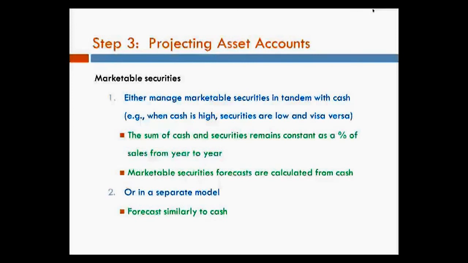Otherwise, you calculate it separately, just as you would have done in cash, saying that it's going to grow with sales, regardless of how cash grows with sales. So there are two different models for how you would do it for marketable securities.